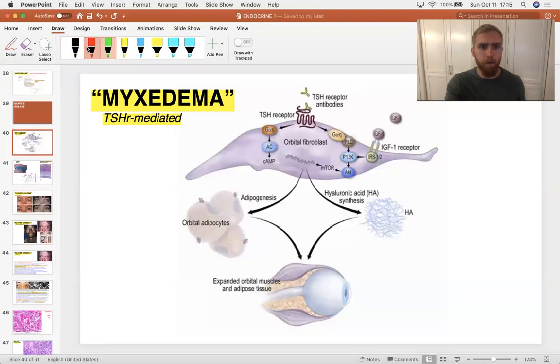Here is the thyroid stimulating hormone receptor on the surface of a fibroblast, and we're going to say that this is an orbital fibroblast in the socket of the eye. Now, this antibody here, recall we're saying it has a stimulatory effect. So when it binds the receptor, even though it's not the proper ligand, this antibody isn't TSH, but it's going to serve the same purpose as TSH would.